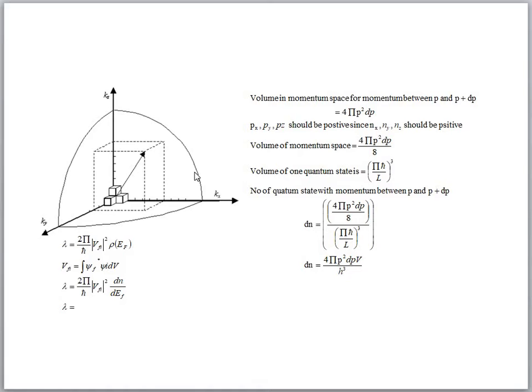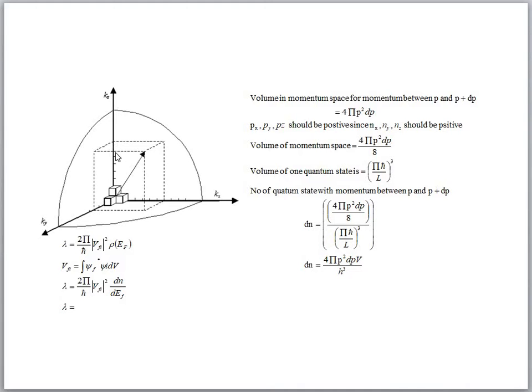Its surface area will be 4 pi p squared, and with thickness dp this is a spherical shell. To find the number of particles between momentum p and p plus dp, we have to find the volume between p and p plus dp in momentum space. That volume is given by 4 pi p squared dp.